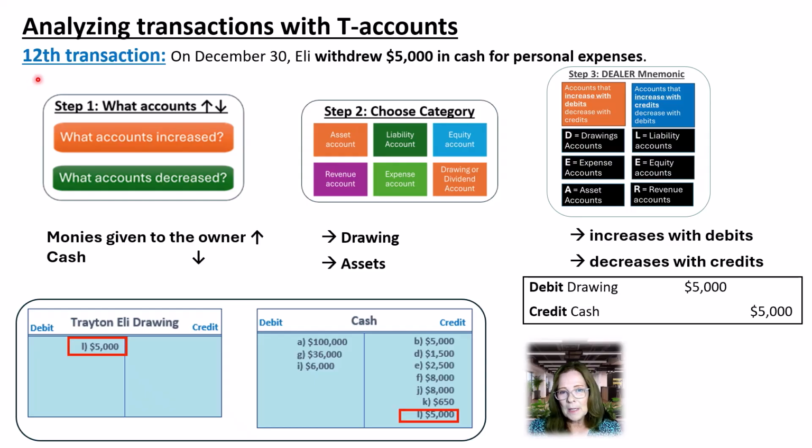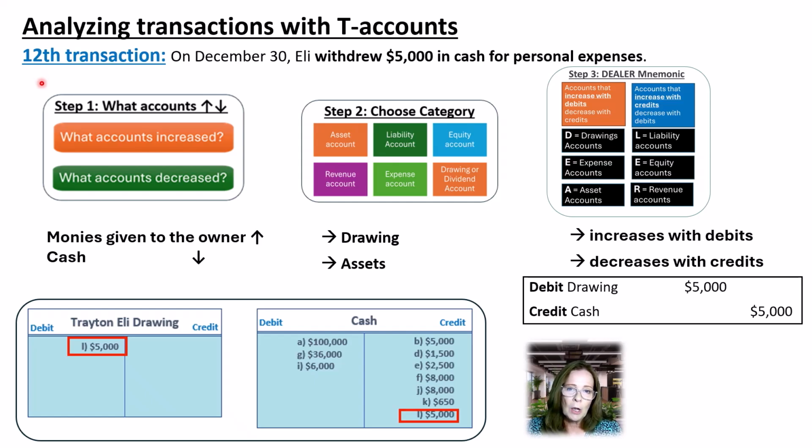In the 12th transaction, Trade and Eli withdrew $5,000 in cash for personal expenses. Just as a reminder, withdrawals are funds taken from the business by the owner for personal use. These payments are not associated with the business, but rather a return of the investment that Trade and Eli made into the business.